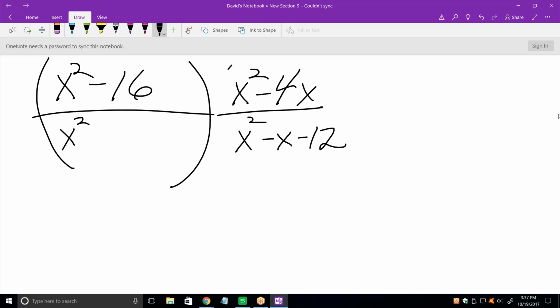Again, a total factoring problem. And you just do it piece by piece.